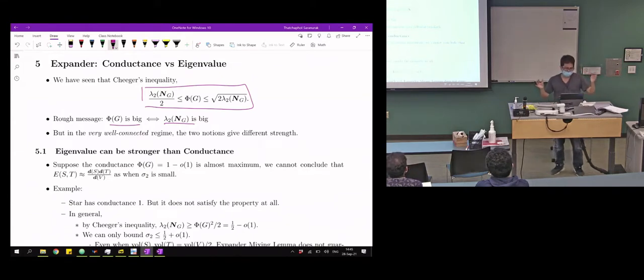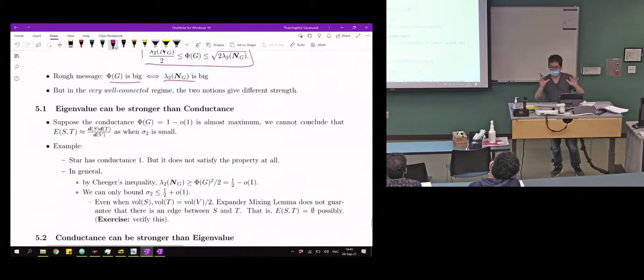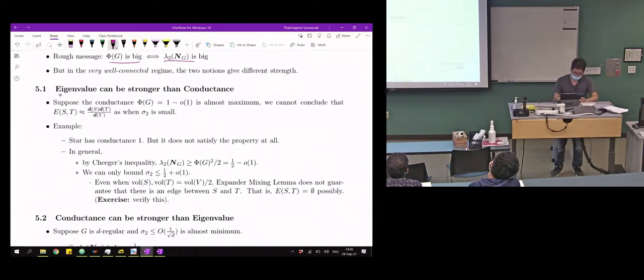We have that. But in the regime when the graph is very well connected, the two things are actually incomparable. So we just have seen when eigenvalue can be stronger than conductance in this way.